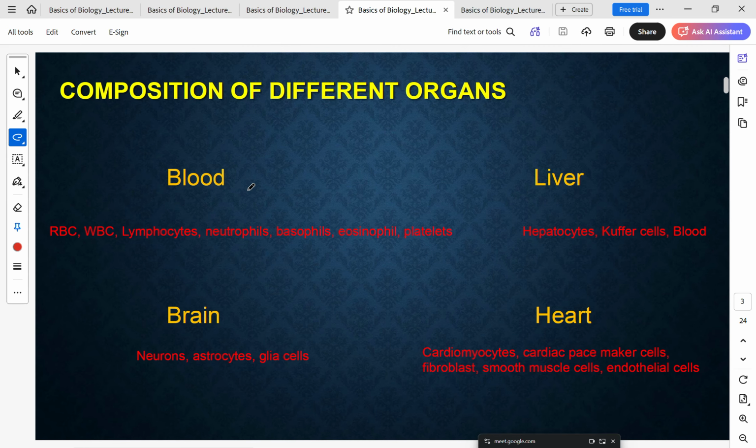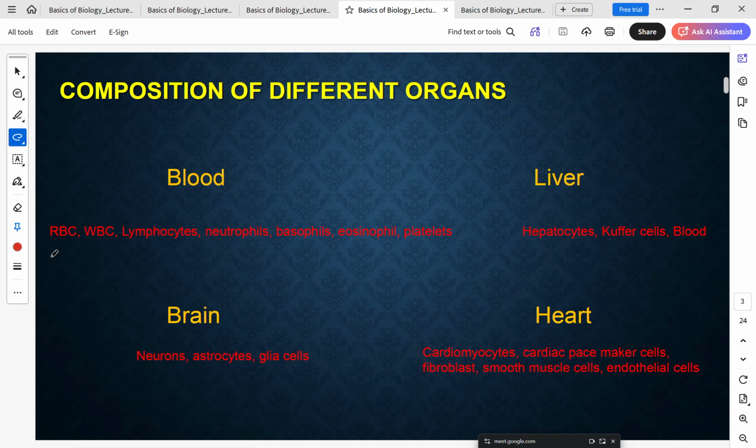Different organs within the body have different compositions. Some of these organs can regenerate, some can't, and there is a constant renewal and death cycle happening. In the organs that can't undergo regeneration, if they die a lot, then the organ system is going to fail at one point.